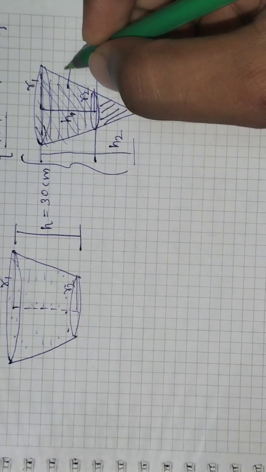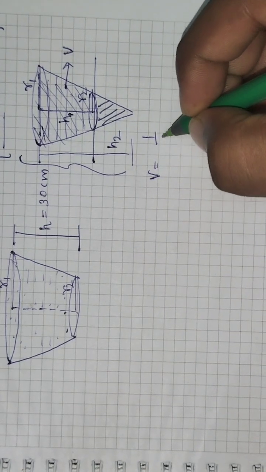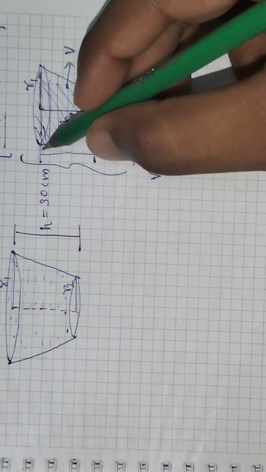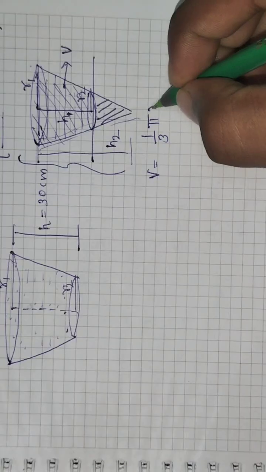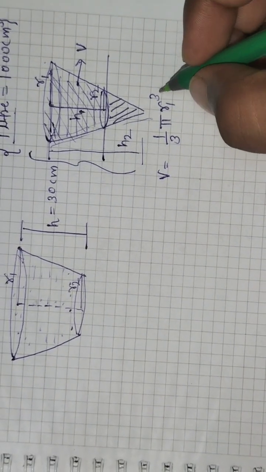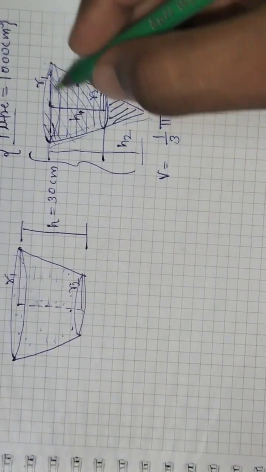So this volume, let's say V, then V equals 1 by 3 pi r square. Guys, this cone has radius r1, so 1 by 3 pi r1 square into h2, the height of this cone.